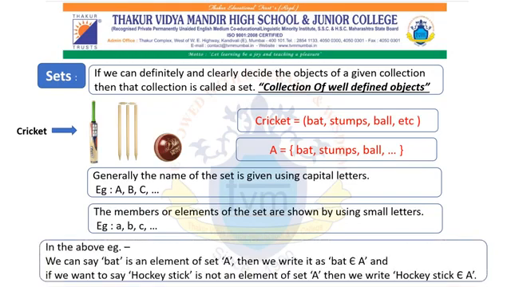In the above example, suppose we want to say bat is an element of set A, then we can write it as bat, symbol of element, A, which can be read as bat is an element of set A. And if we want to say hockey stick is not an element of set A, then we write it as hockey stick, symbol of not an element, A.